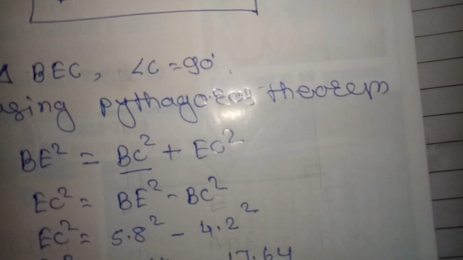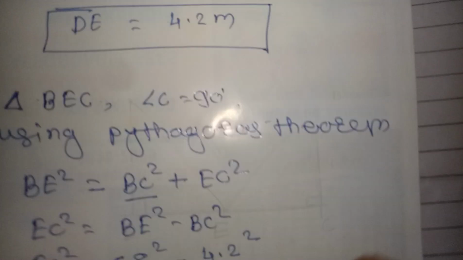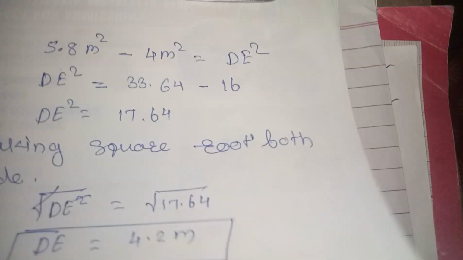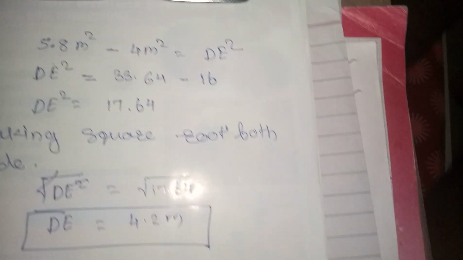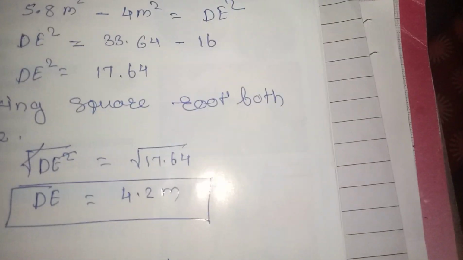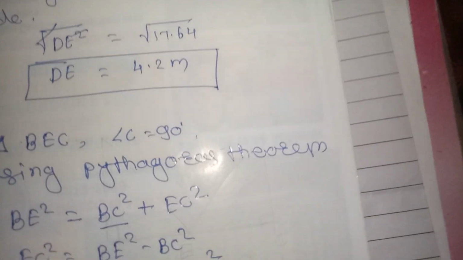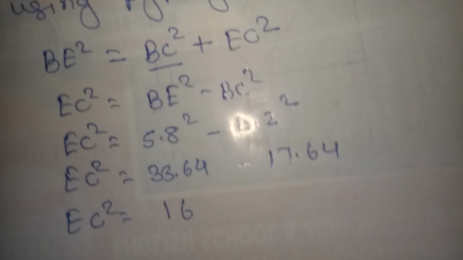So EC square is equal to, अभी इसको तो आपको समझ में आ गया होगा कि जब हमने 33.64 और 16 किया था तो आया था 17.64. तो सोचो अभी 33.64 में से अगर 17.64 निकालेंगे तो आपका आंसर में 16 ही आएगा. तो अभी अगर EC स्क्वायर इज इक्वल टू 16 है तो हमें EC फाइंड करना है.